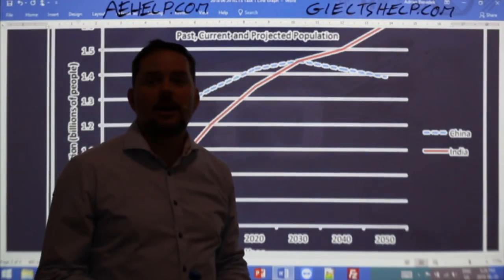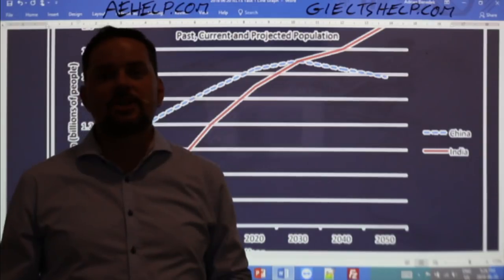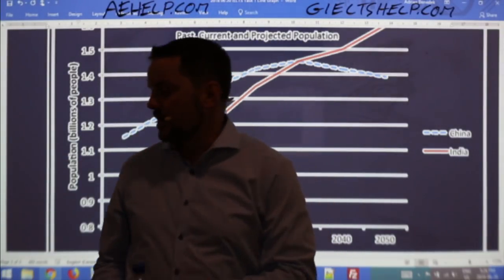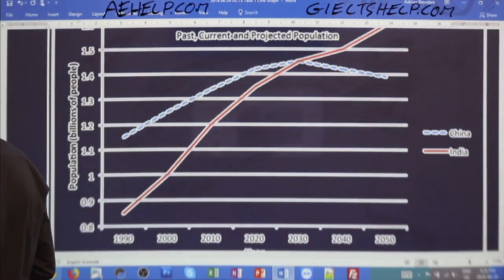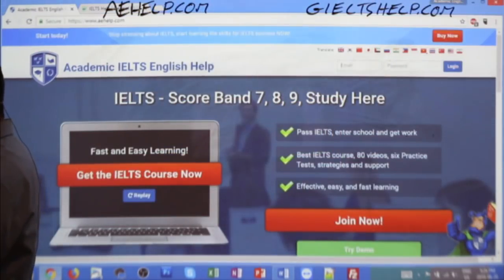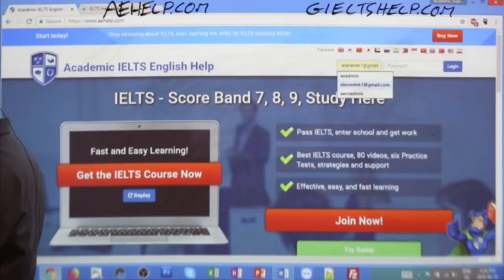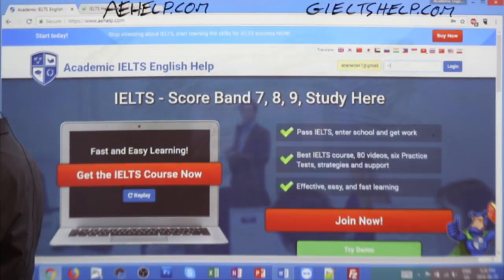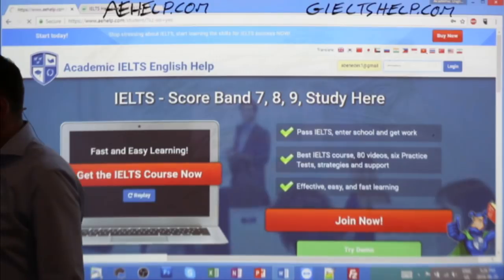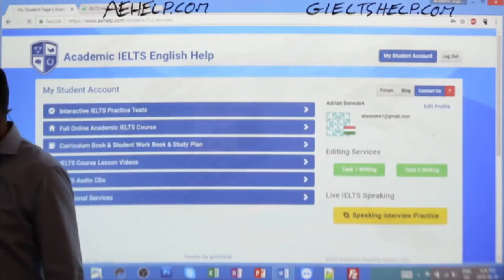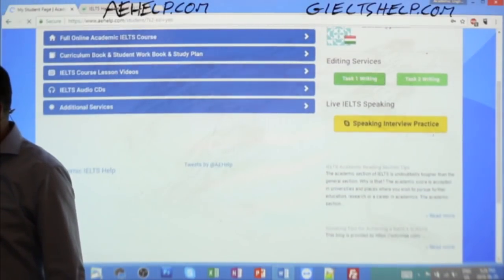But going back, Taral Kumar, to your question, if you get a type of question where you have 2 graphs together, let me see if I can bring up an example of that for you. Then, yeah, you could write 1 paragraph for the first graph and another paragraph for the second graph. So this is where this writing task 1 is coming from.